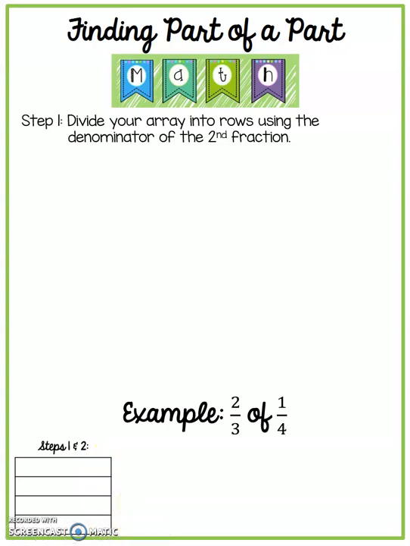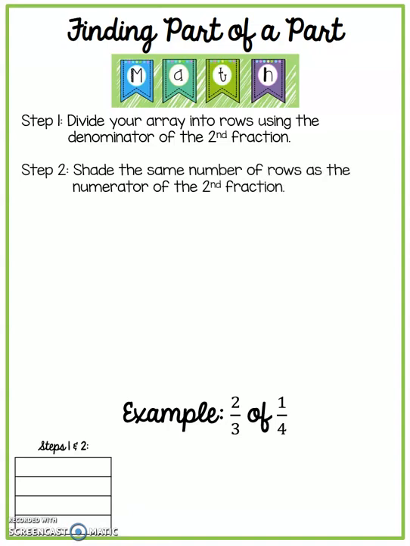Now, to show that I'm working with 1/4 of it, I'll shade in the same number of rows as my numerator. So this tells me that I'm starting with a group that is just this blue section, 1/4 of the entire rectangle.